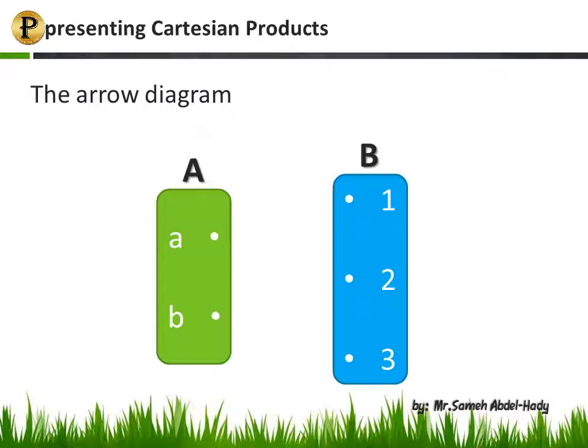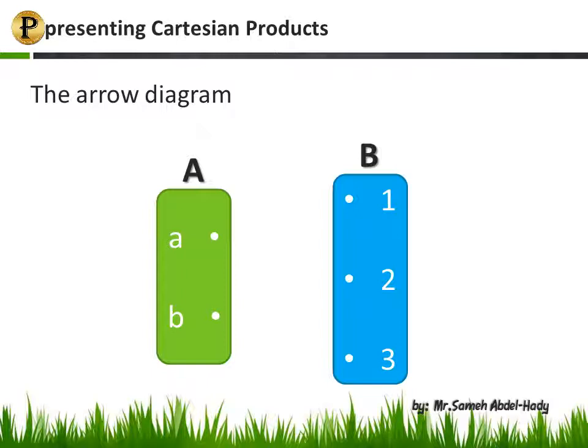As you see in the arrow diagram, I write the set A and the set B vertically, in vertical rectangles, and draw just a point or an X or any mark beside each element name. A consists of a and b, and the set B consists of 1, 2, and 3.